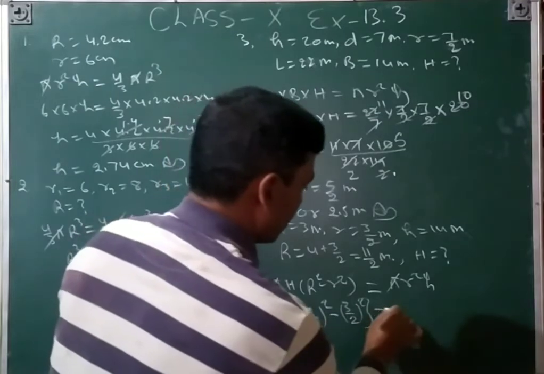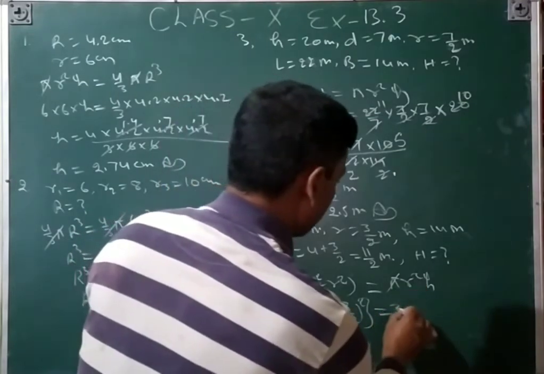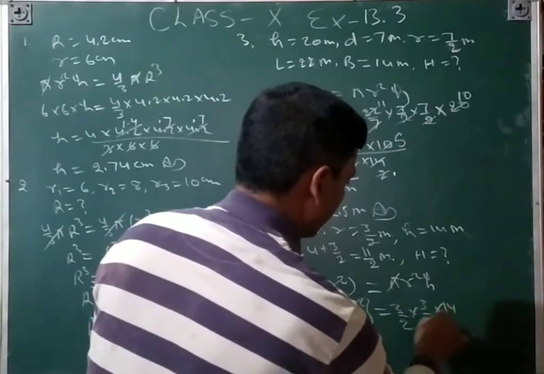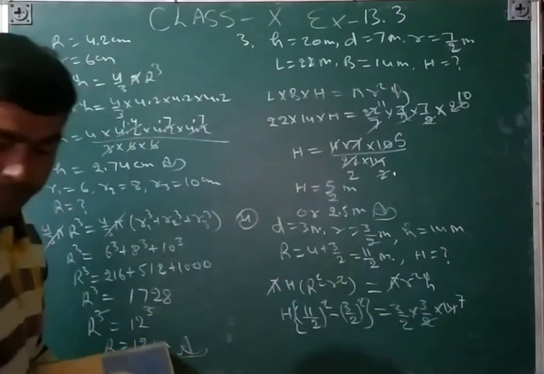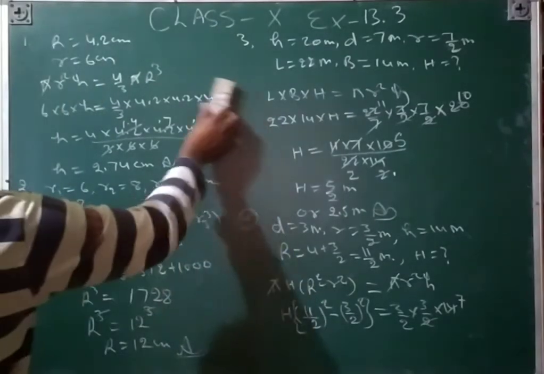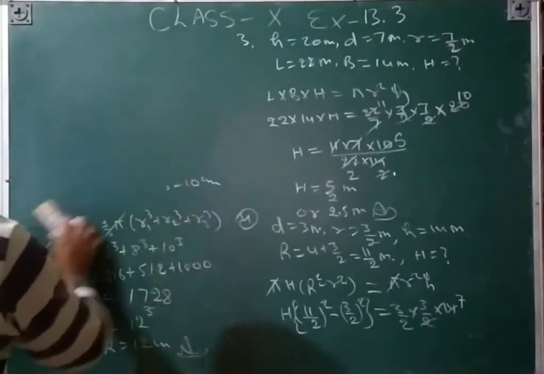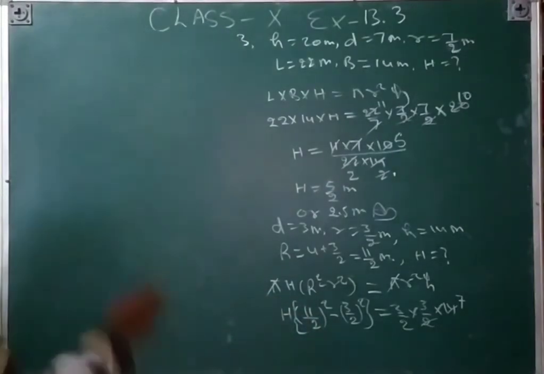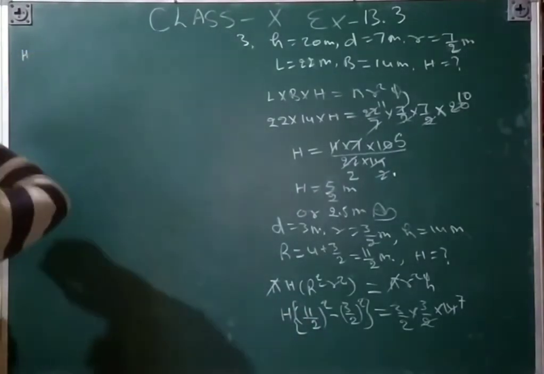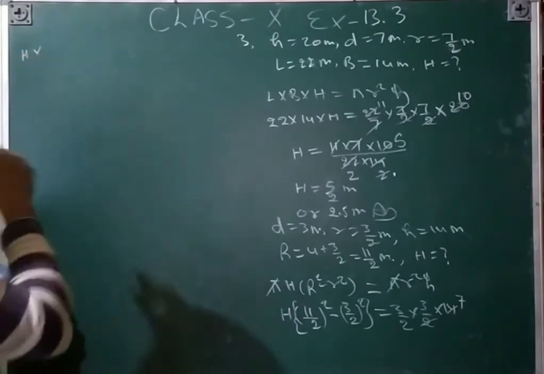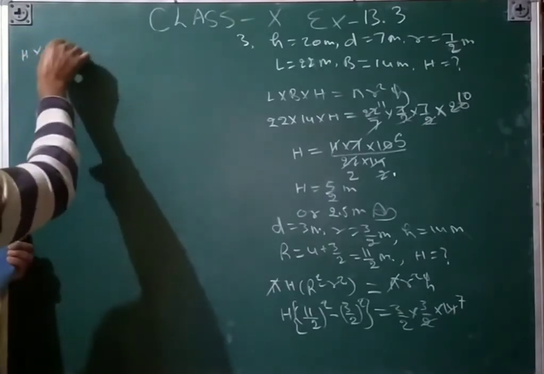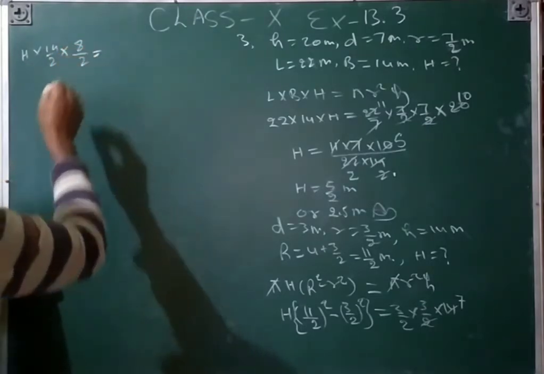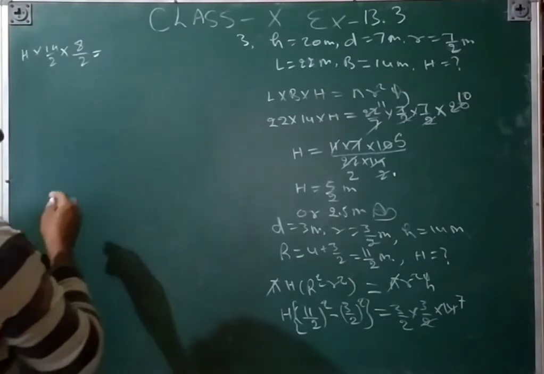Then r is 3 upon 2 into 3 upon 2 into 14, that is 7 into 14. And then we will see that h into 11 3 14 upon 2 into 11 minus 3, that is 8 upon 2, is equal to 3 into 3 into 7.